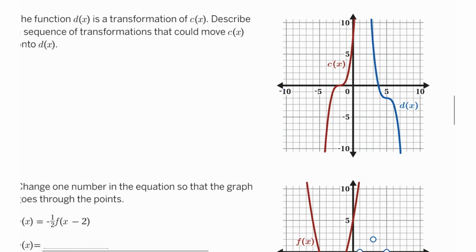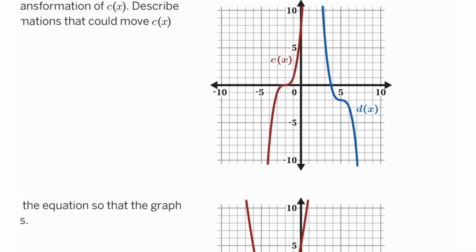When I look at c of x, I see that my turning point, the key point that I want to be focused on, is at an x value of positive 5. So the first thing I'm going to do is shift it 1, 2, 3 units to the left. So translate 3 units left, so that I now have this function that looks like this.